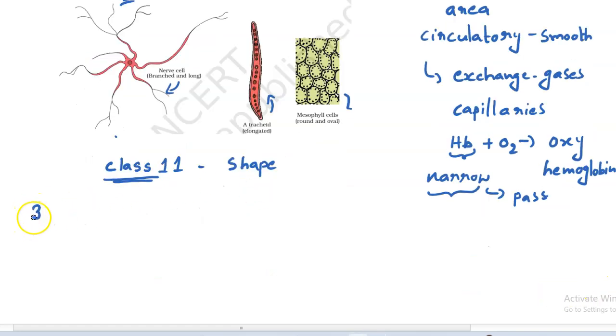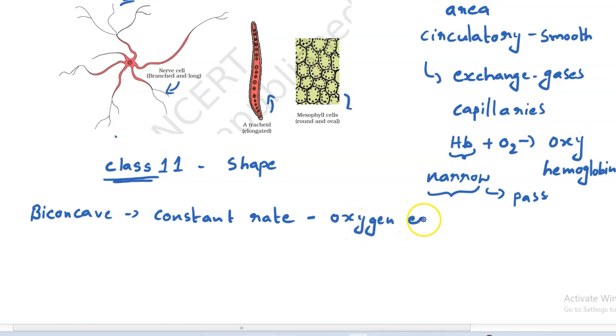Biconcave structure of RBC helps in a constant rate of oxygen exchange over a large surface area.